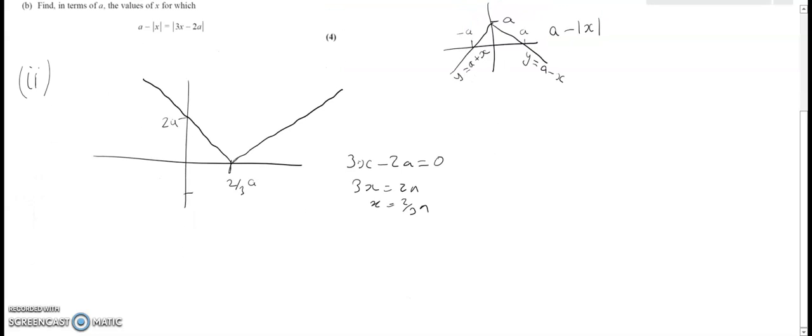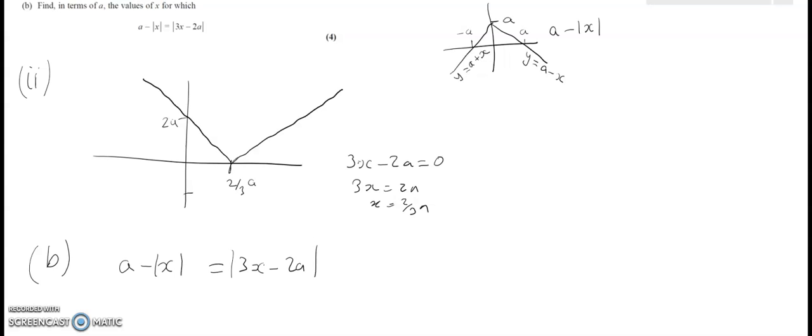So let's see. Part B, find in terms of a, where a minus mod x is equal to the modulus of 3x minus 2a. And this is where it's really handy if you've written the equations of the individual lines on there.